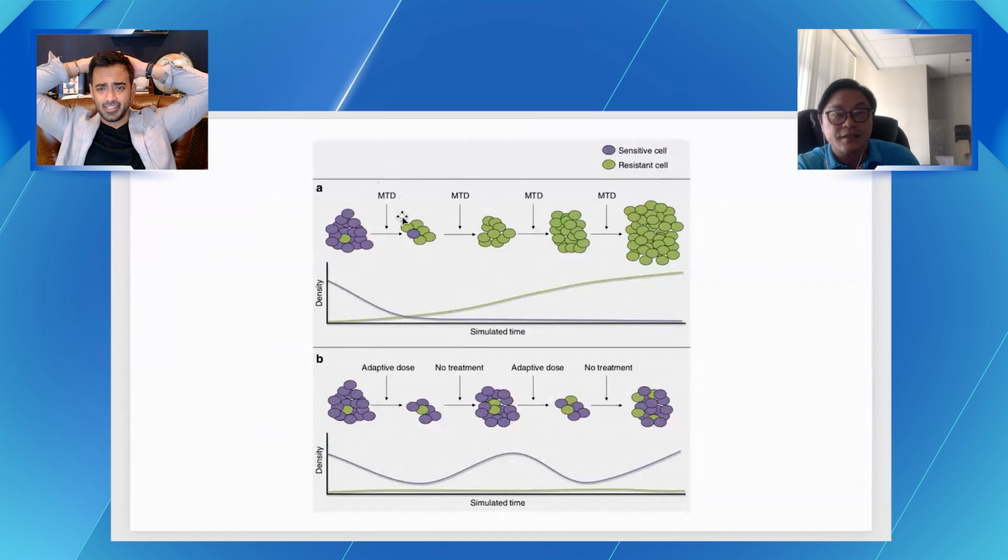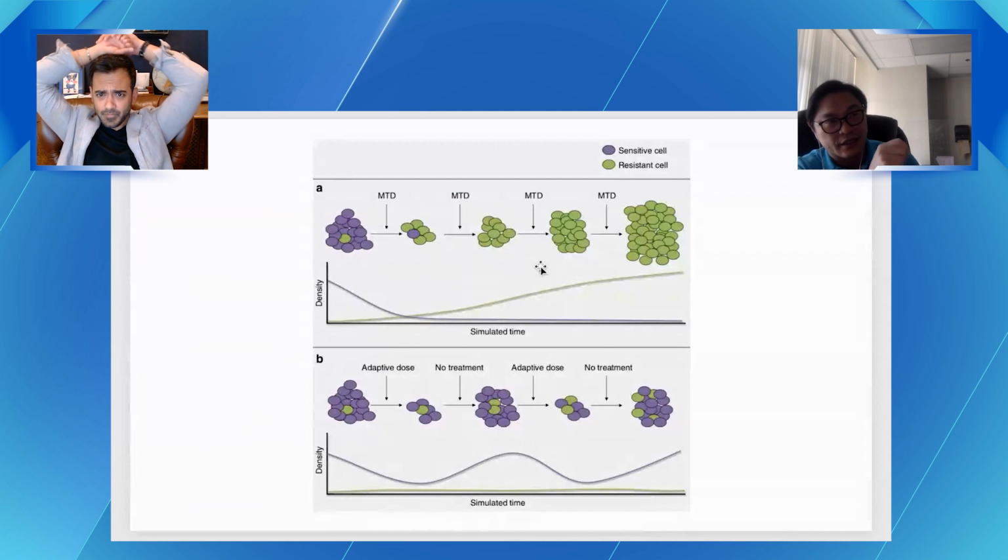Why? Because this maximally tolerated dose is introducing a selection pressure. You can only understand the implications if you understand cancer as an evolutionary disease. Otherwise, you'd say, yes, let's give the max dose. Remember all those autologous bone marrow transplants? Didn't work. Why? Because your treatment is actually introducing a selection pressure.